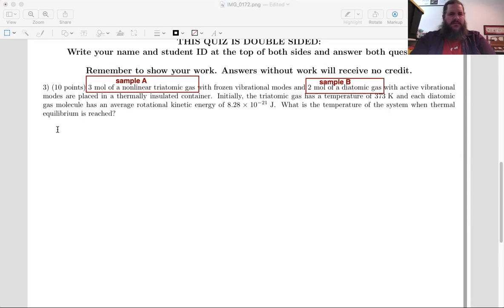We know A has, since A is nonlinear and triatomic, which modes would we expect there? If we wanted to count up all the modes per molecule. First of all, it's able to move. So how many translational modes does it have?